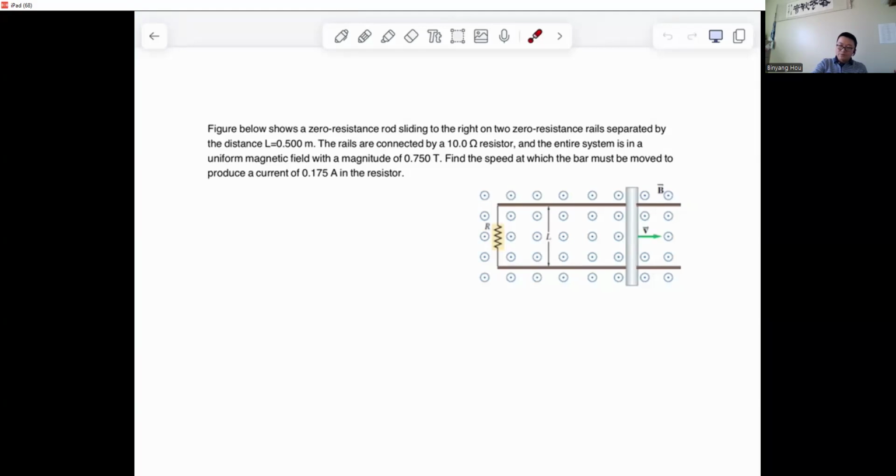So you're looking for V. We know that the induced EMF is equal to BLV, and we are looking for V. If we can find epsilon, with B and L given, then we can solve for it.